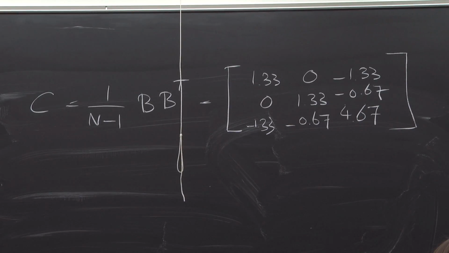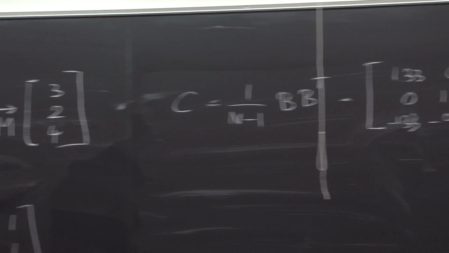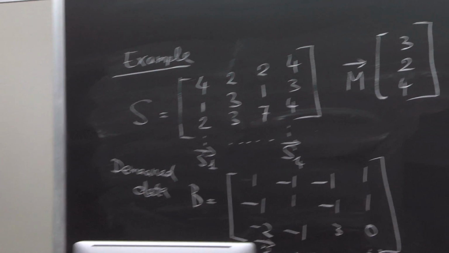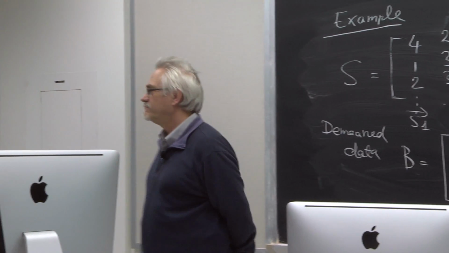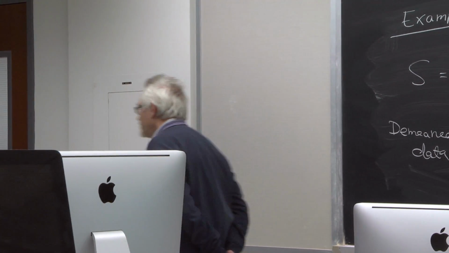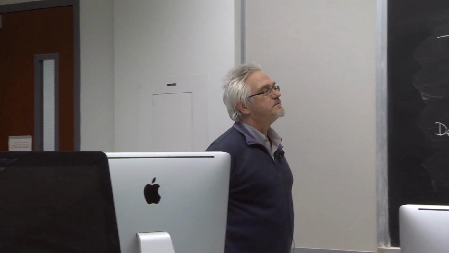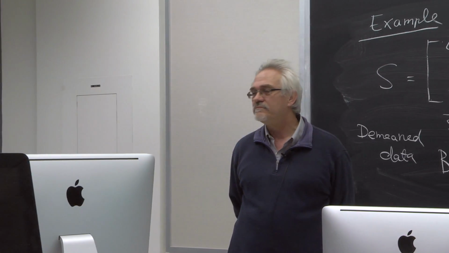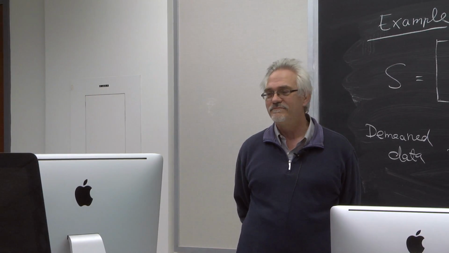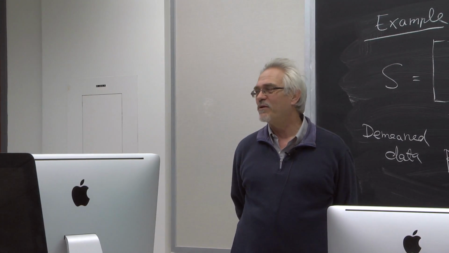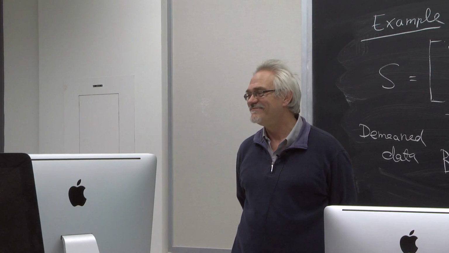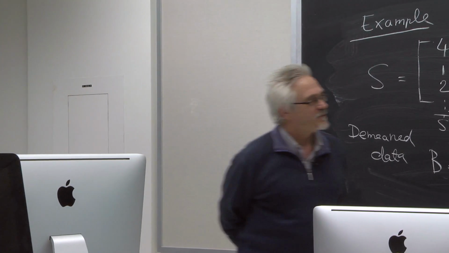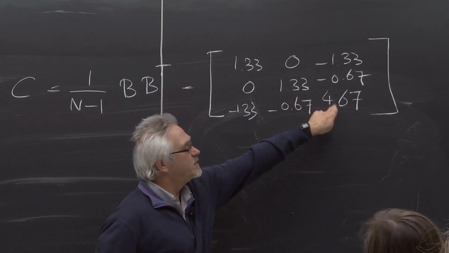This is the covariance matrix. Question, or a bunch of questions actually. In this covariance matrix, where is the variance? Anyone? The diagonal? Yeah, it's the diagonal. So this is basically the variance between 1 and 1, 2 and 2, and 3 and 3.